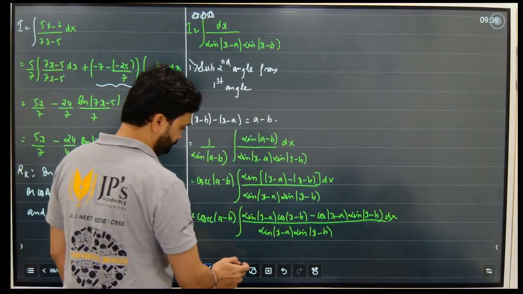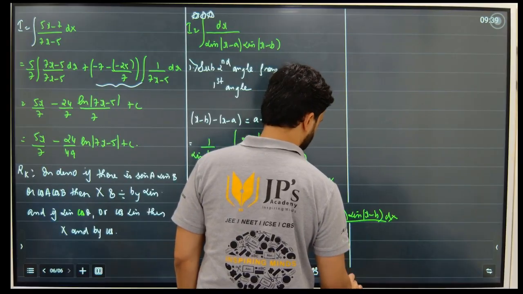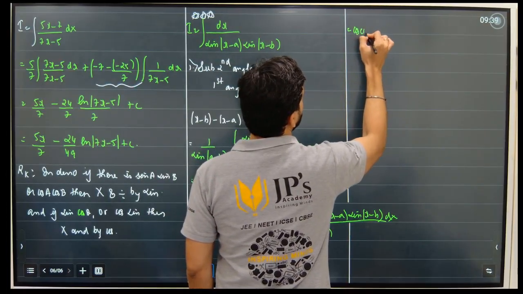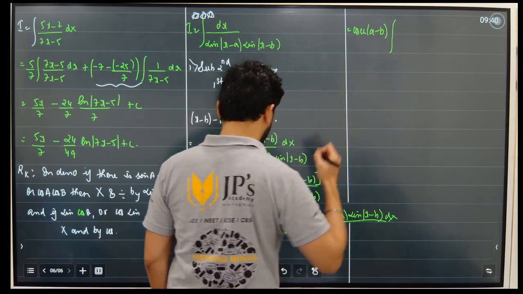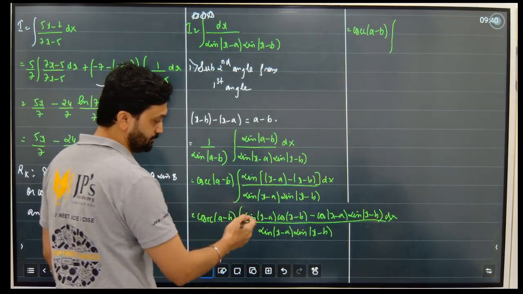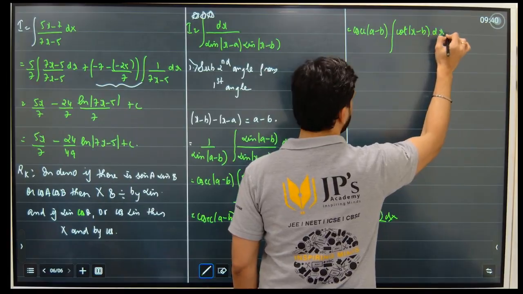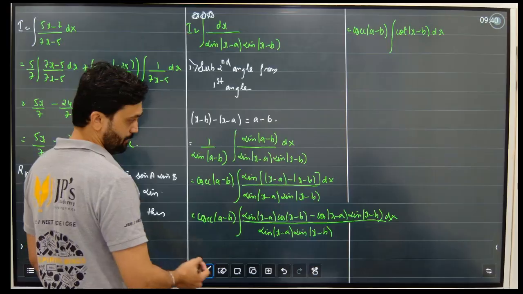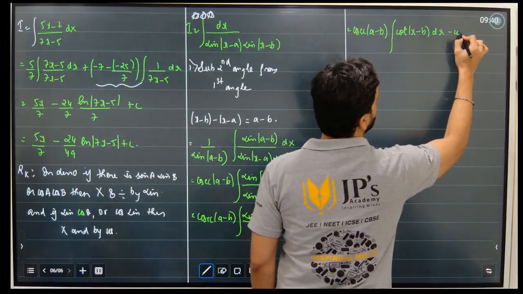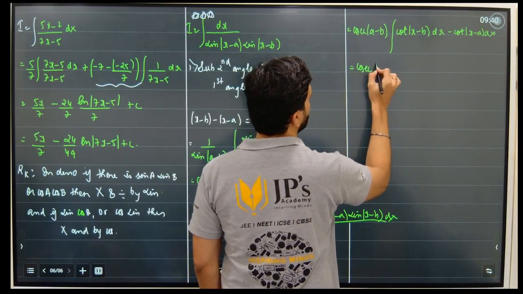Now if I split the term, this becomes cosec(a minus b) integration, numerator upon denominator, sin(x minus a) gets cancelled. This will become cot(x minus b) dx minus cot(x minus a) dx, which is nothing but cosec(a minus b).